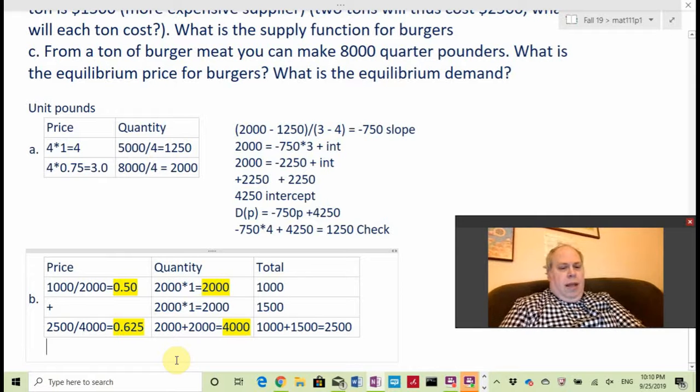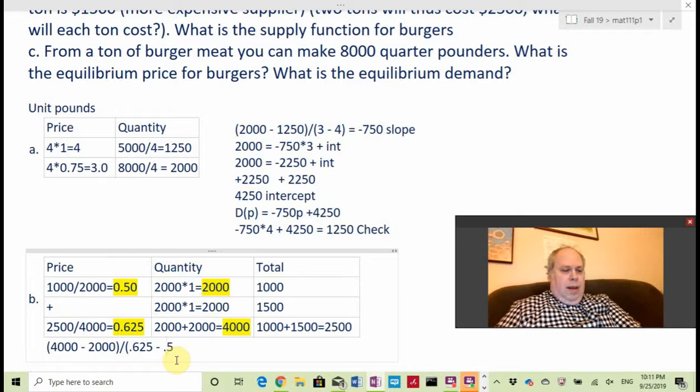Okay. So, standard math now. We'll take change in quantity, 4,000 minus 2,000, divided by change in price, 0.625 minus 0.5. Let's put zeros in for readability.